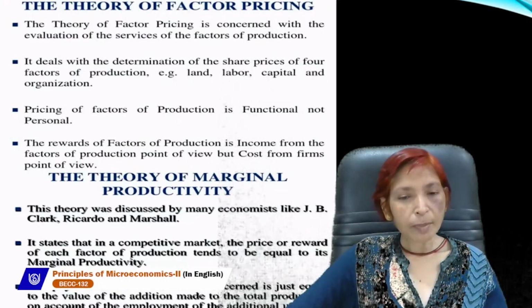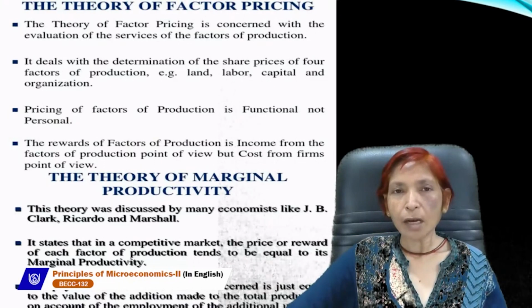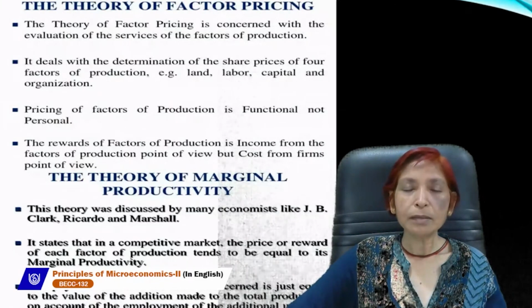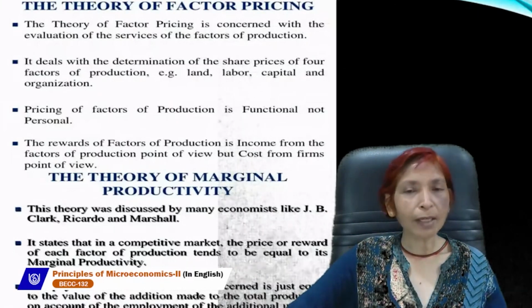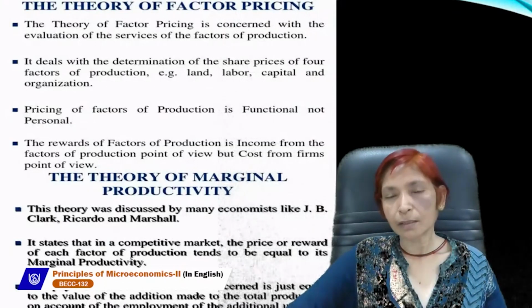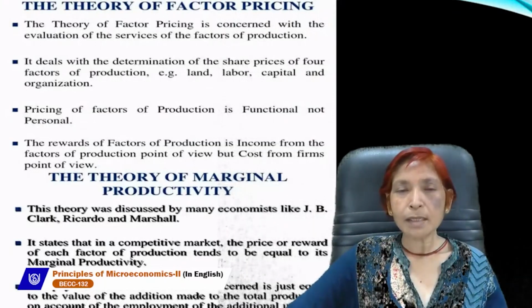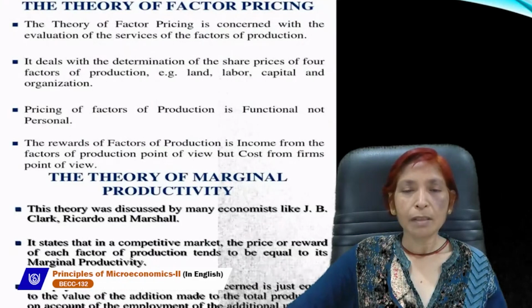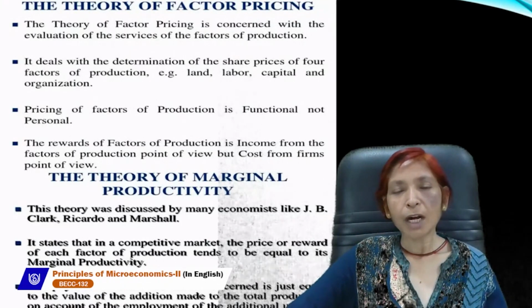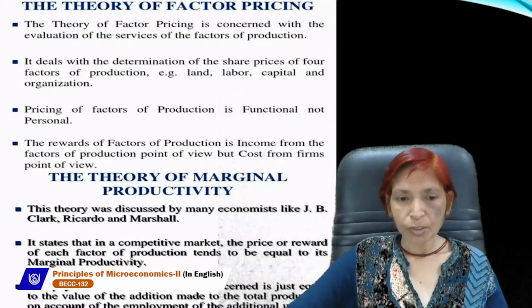According to modern economics, factor price is always determined with the help of the demand curve and supply curve of factors of production. But according to J.B. Clark, factor pricing is determined by the contribution of factors in marginal productivity.